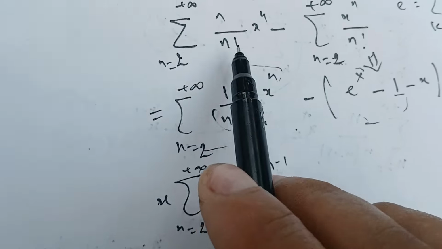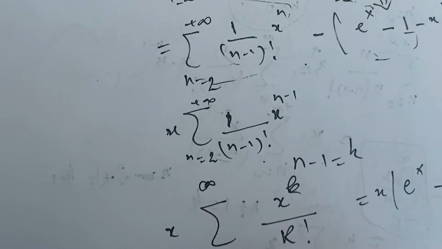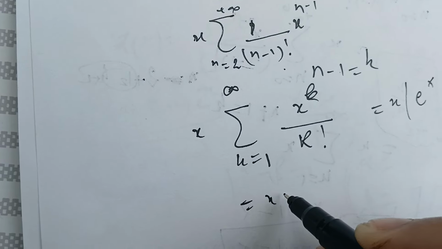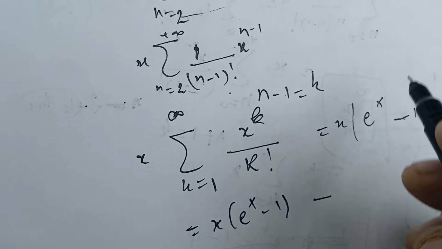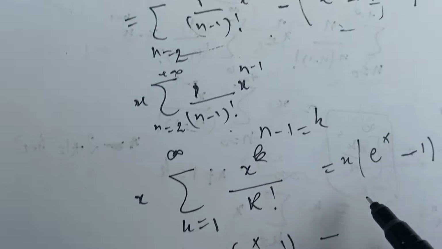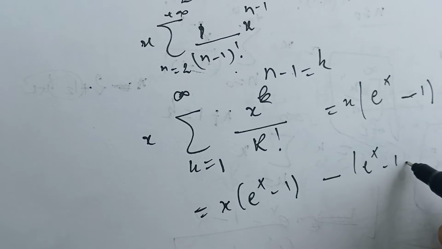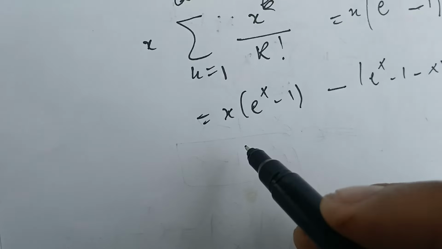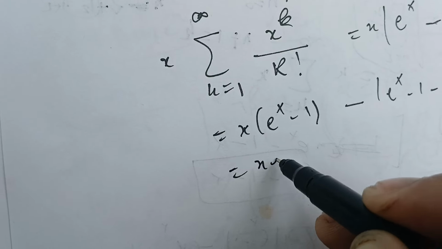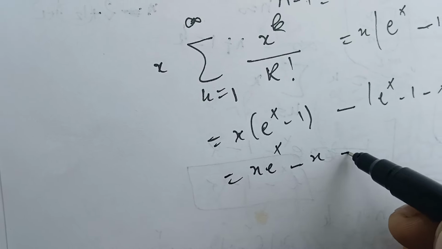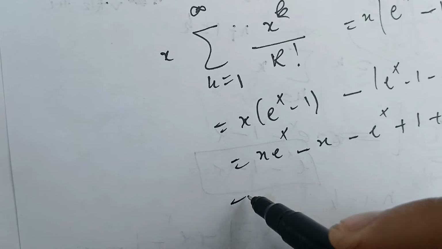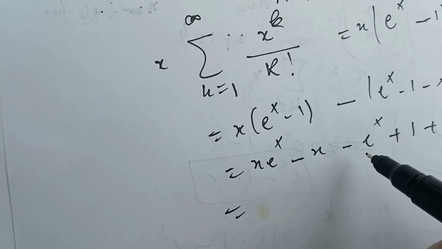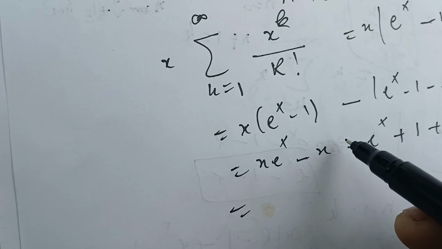Therefore, this one is now equal to x times e to the x minus 1, minus this second part, which is e to the x minus 1 minus x. Now I can simplify: x e to the x minus x, minus e to the x plus 1 plus x.